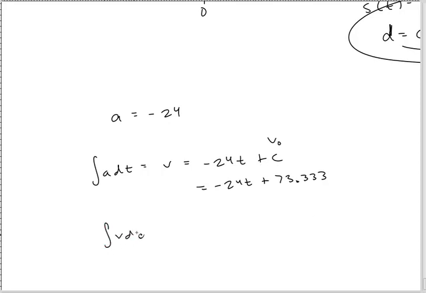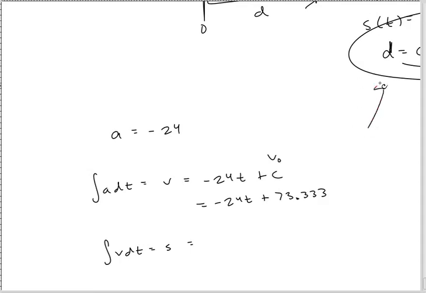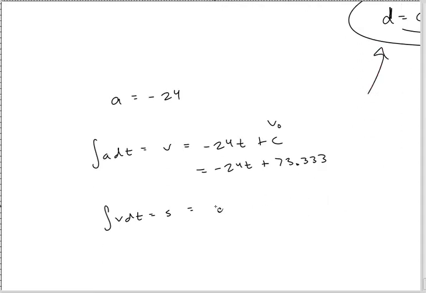The integral of v dt is equal to s, so when I integrate this, I get negative 24 t squared over 2 plus 73.333 t, and then plus d.